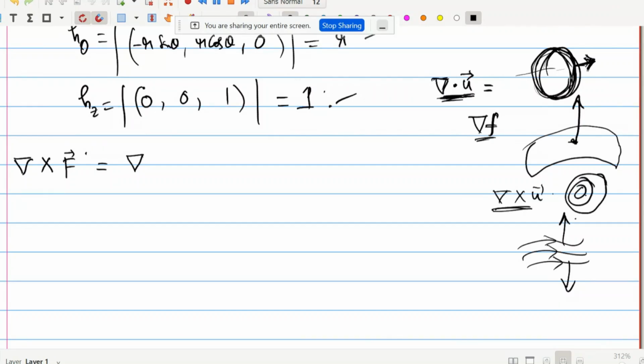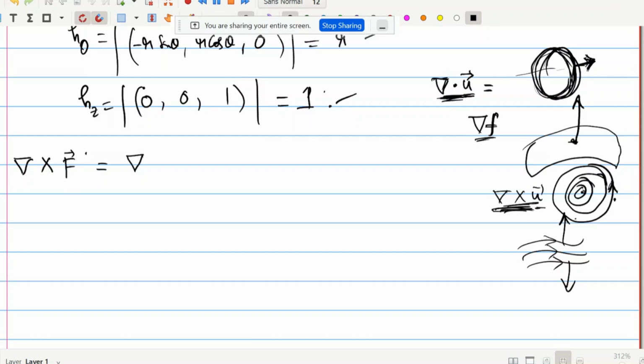So these are your streamlines, and the curl is perpendicular to the streamlines. It's basically the axis which goes in that direction, like a screw: when you turn it, it goes towards that direction.